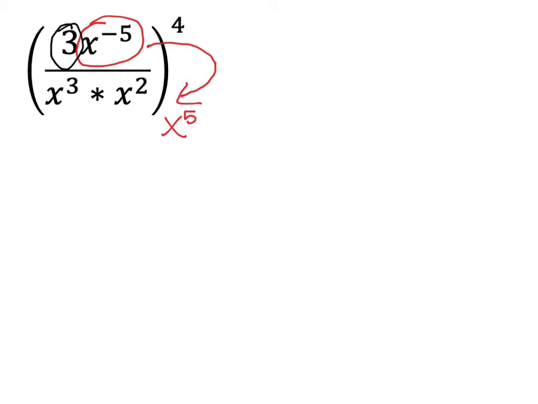So when we take care of that, we still have 3 in the numerator, and in the denominator we have x to the third times x squared times now this x to the power of positive 5 that we moved because of the negative exponent.